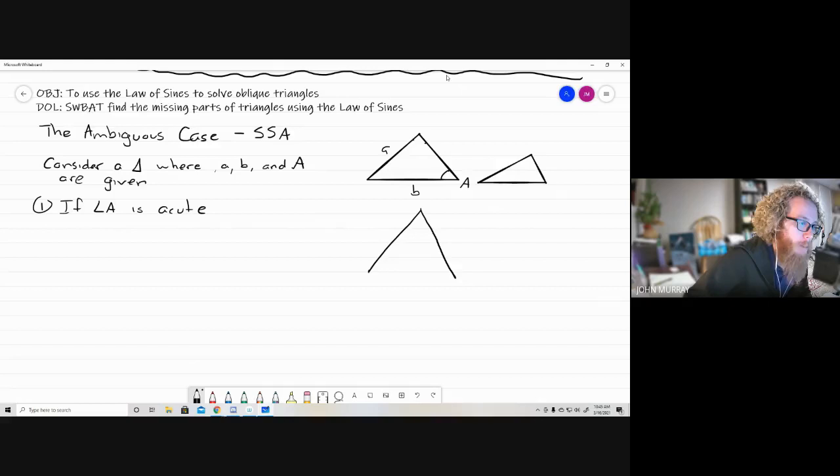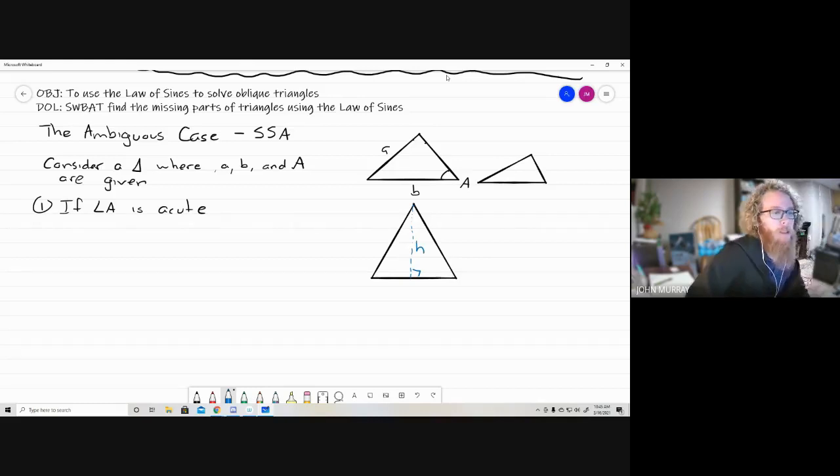Now that we're talking about this, we have to consider also the height of our triangle. Remember, the height of the triangle makes 90 degrees with a base, and it goes to one of the other vertices. So it's either inside the triangle, like this, if it's an acute triangle, or it is outside the triangle if we have obtuse.